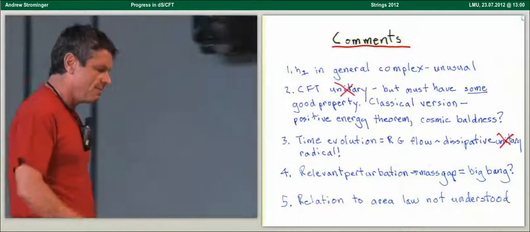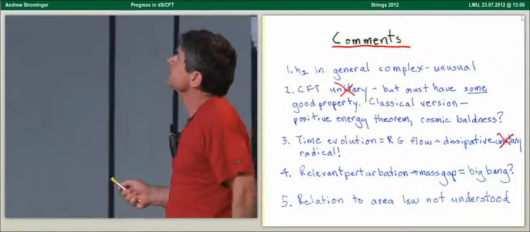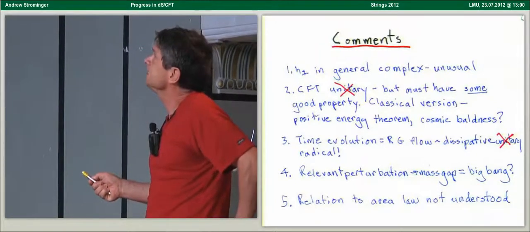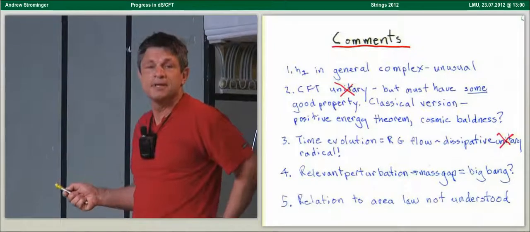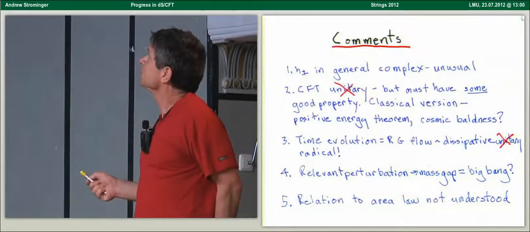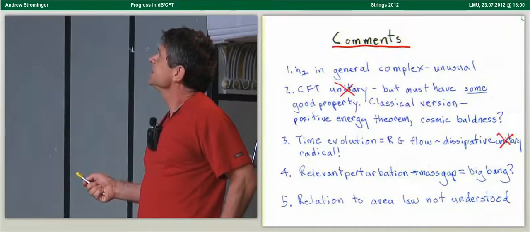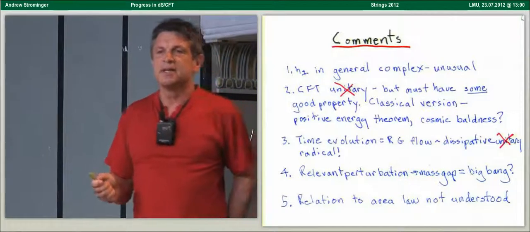Now, some quick comments. One is that these conformal weights are in general complex, so the CFT can't be unitary, but it must have some good property that we don't quite know how to characterize. And in fact, even at the classical level, it's hard to say.